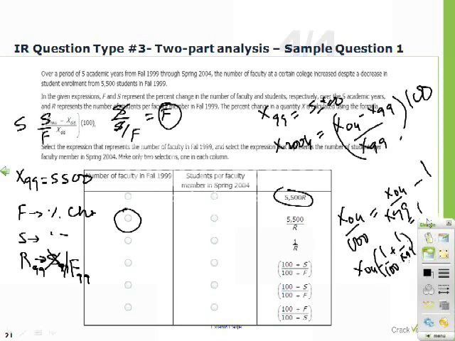So you get X99 plus 100 upon X99 into 100. We take that to the other side, so X04 is equal to X99 into 100 upon X99 plus 100.